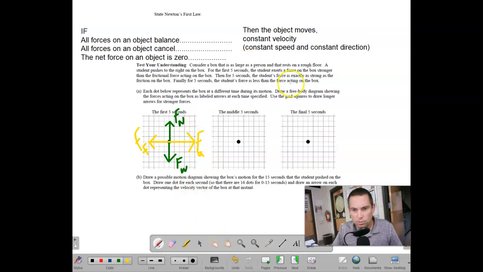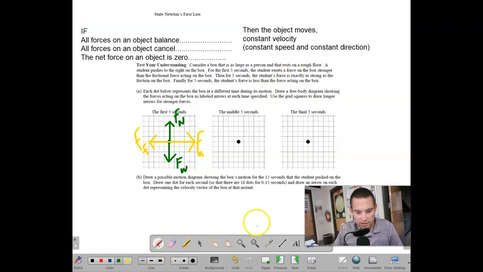Okay, so there we go. Or we can call it F sub S for student, but A for us tells us that his hand is actually causing the motion.